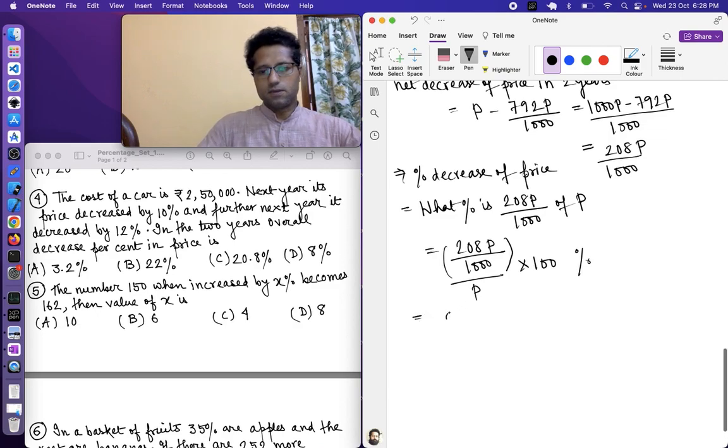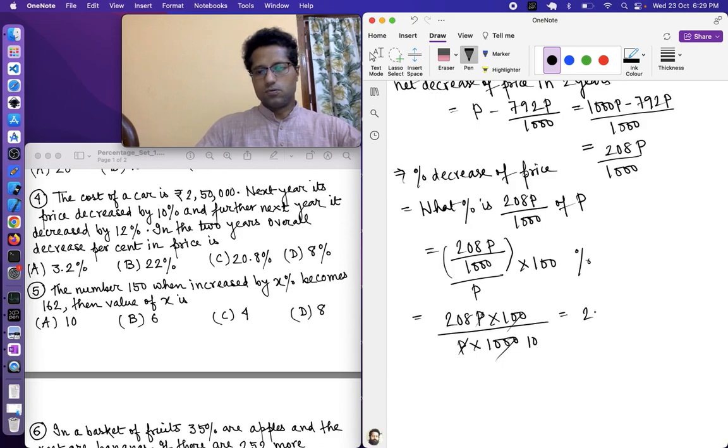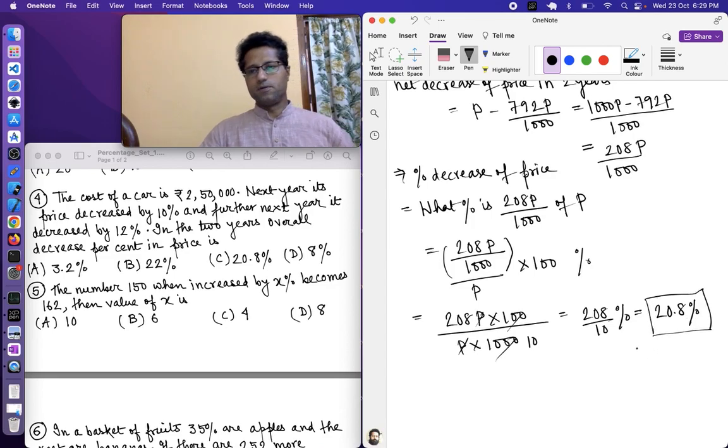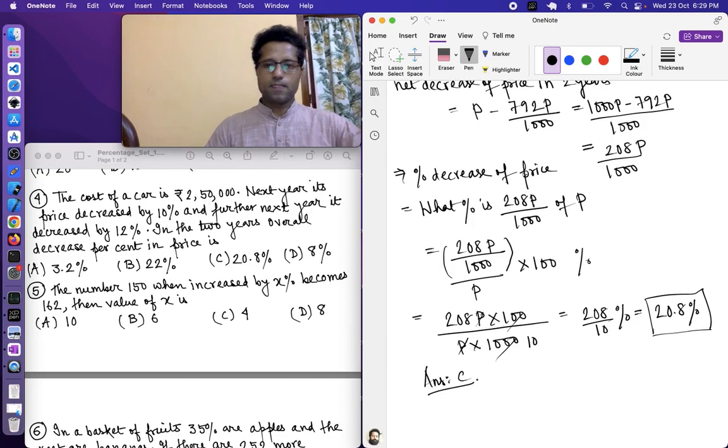If we simplify, P cancels out, 100 cancels with 1000 leaving 10, and this is equal to 208 by 10%, which is 20.8%. So there was a net decrease of 20.8% in 2 years, and hence the correct choice is C.